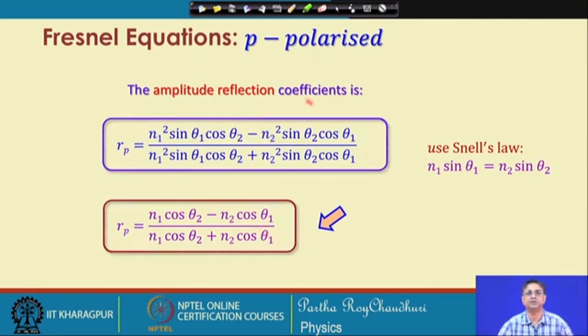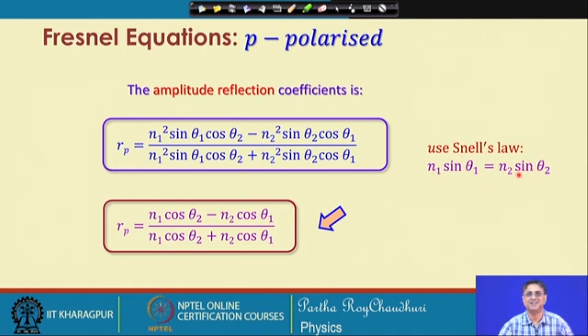So, the amplitude reflection coefficient we can even write in some modified or reduced form. We can say that R P is equal to this in terms of the refractive indices, but now by Snell's law, we have just now seen that N 1 sin theta 1 for the first medium, the sine of the angle with the refractive index, is equal to N 2 sin theta 2 for the second medium.